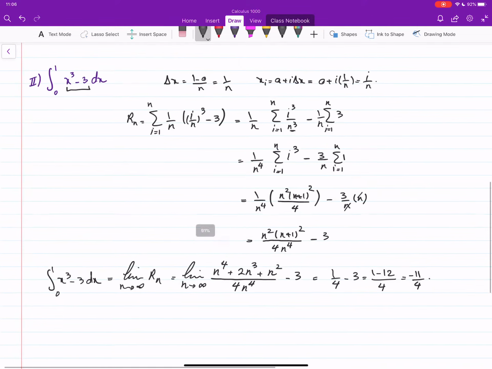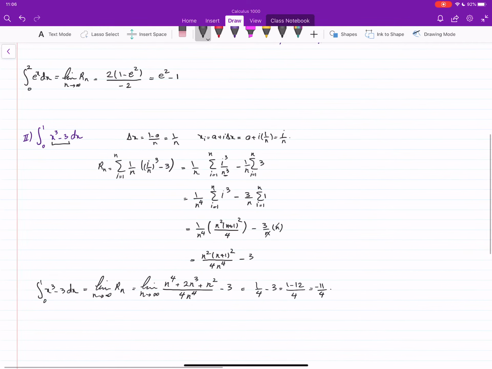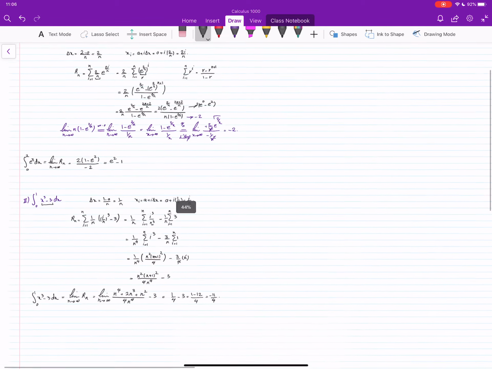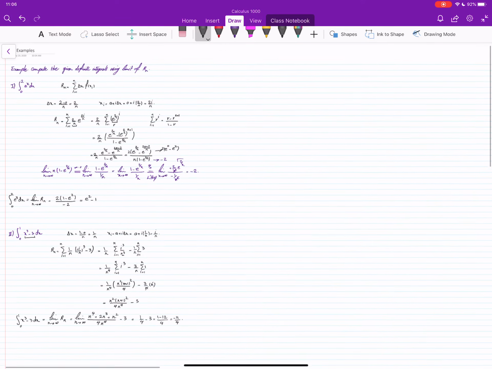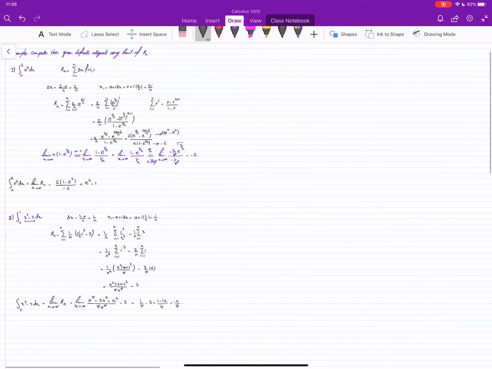And for other polynomials you can compute, and for some other exponential functions you can also compute, but this is basically the stretch of this method. Again, we will need more tools, more theory, more facts to be able to compute more definite integrals.